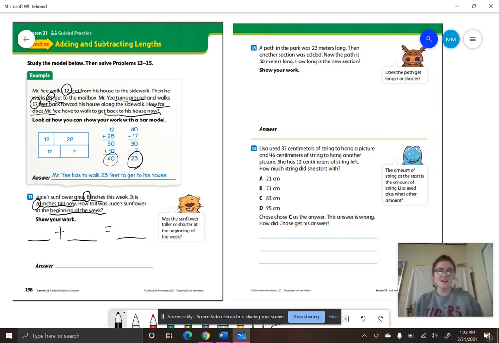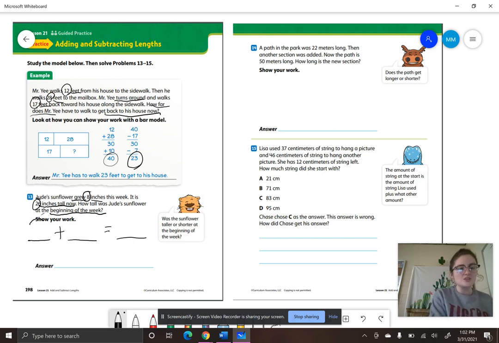All right, so let's think about this. Jude's sunflower grew 8 inches. It is 26 inches tall now. How tall was Jude's sunflower at the beginning of the week? So let's pretend that this part is our beginning of the week. Do we know how tall it was at the beginning?